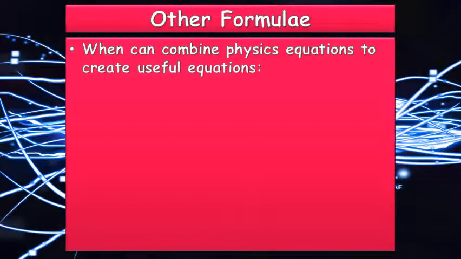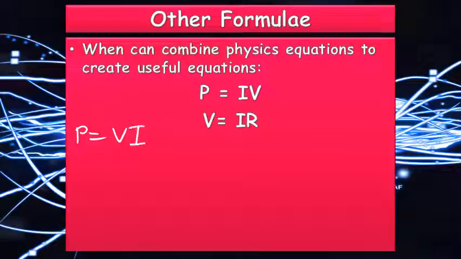Also with power, you can incorporate other formulas. You can combine physics equations to create useful equations which we can apply in different contexts. The two equations we're looking at are P equals IV, which we just learned today, or power equals current times voltage, and Ohm's law, voltage equals current times resistance. So we have P equals VI, not a problem.